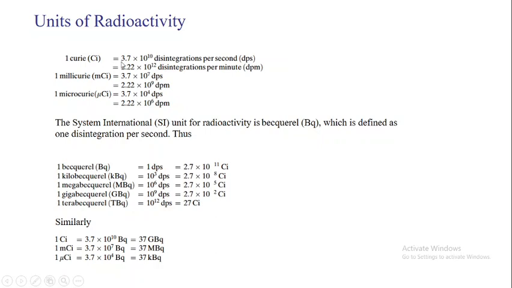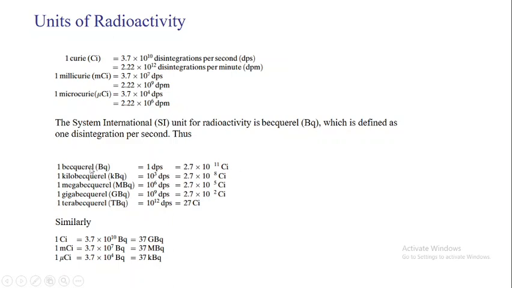So 1 curie means 3.7 times 10 to the 10 radionuclides disintegrate in 1 second. Smaller units of curie are the millicurie and microcurie.